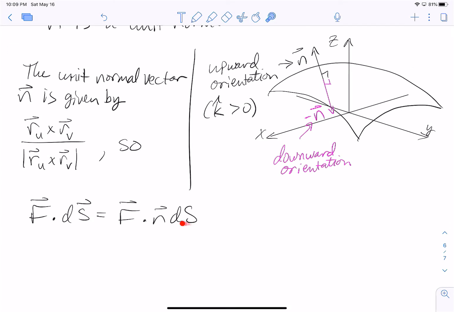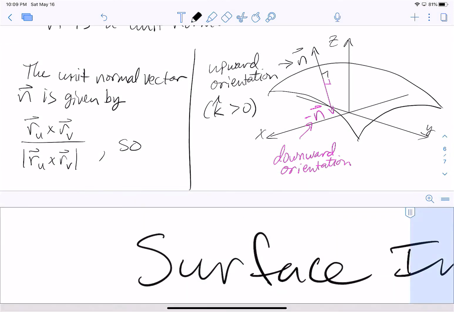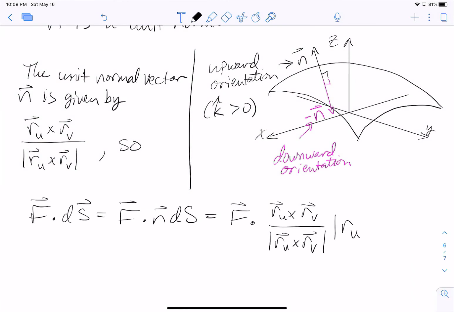Now this second dS is not a vector. We took care of the vector part by saying n, the unit normal vector, will equal ru cross rv divided by its magnitude, times the magnitude of ru cross rv dA, that last bit coming from the dS.